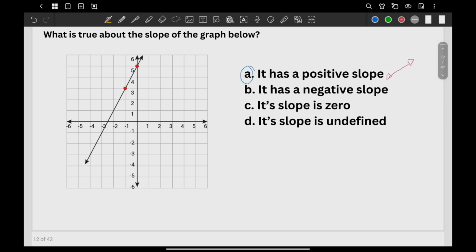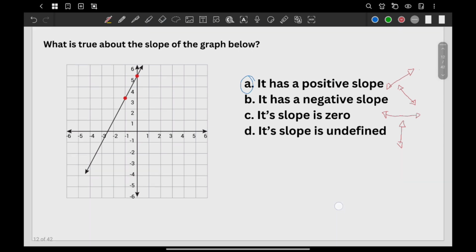When you say negative slope, the graph looks like this. When you say 0, the graph looks like this. It's horizontal. And when you say undefined, the graph looks like this, a vertical line. I hope that one is clear already. Anyway, the answer here should be letter A, which is positive.